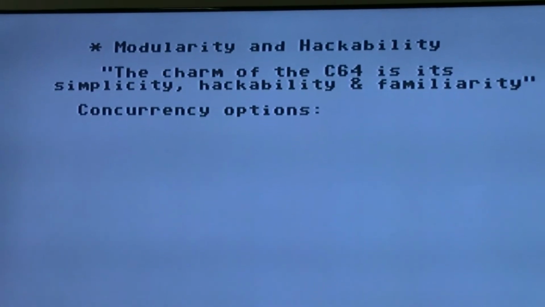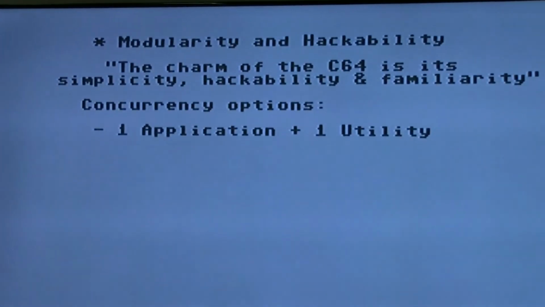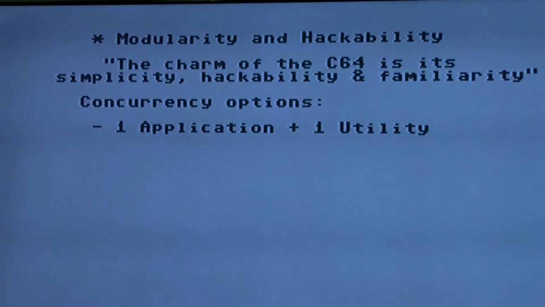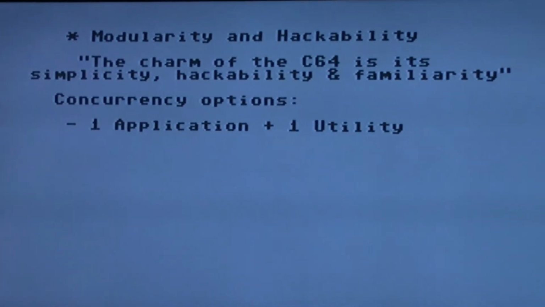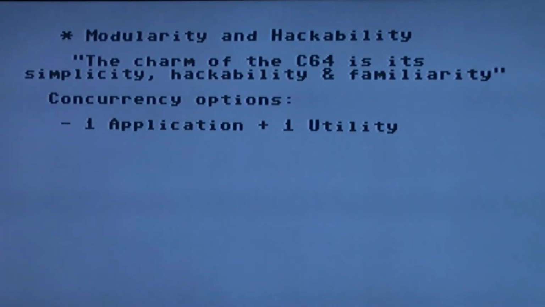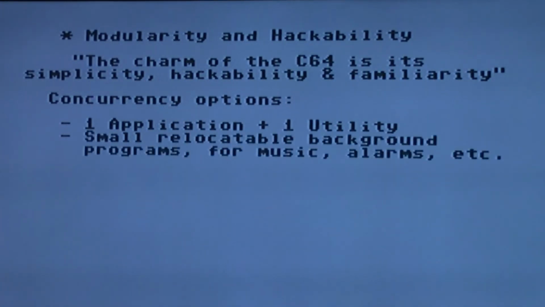Okay, but even without multitasking, that doesn't mean that there are no concurrency options. So you can run one utility concurrently with the primary application. Utilities are a lot like GEOS's desk accessories, but you can really interact with both of them at the same time, and there is interaction between the utility and the application.